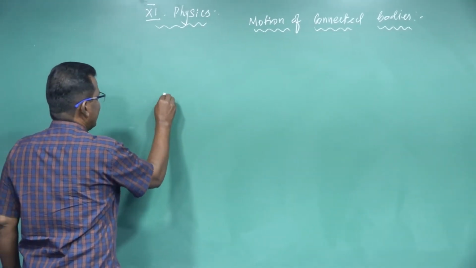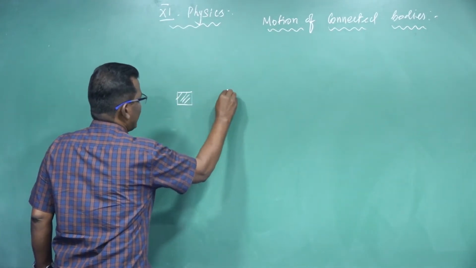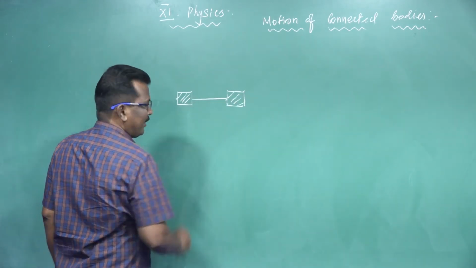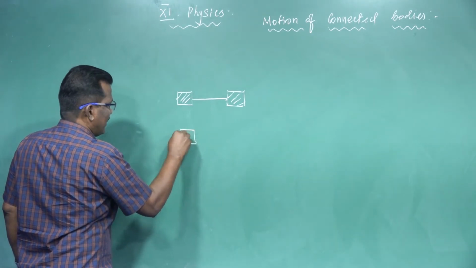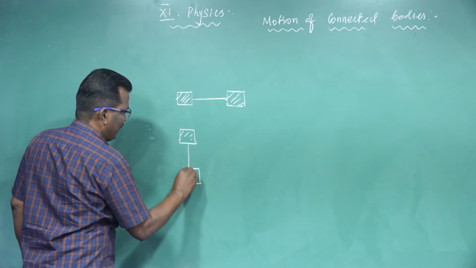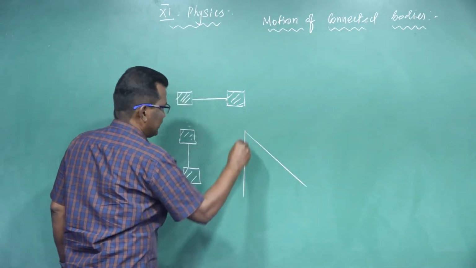Suppose let us consider this is a body of mass m, and another body of mass m connected by a string. The same bodies connected by the same string but placed vertically or on an inclined surface.